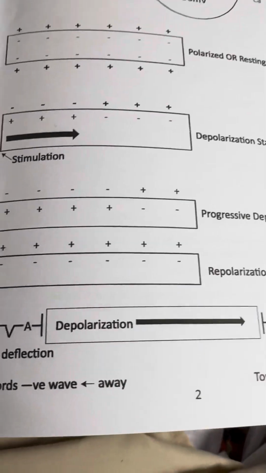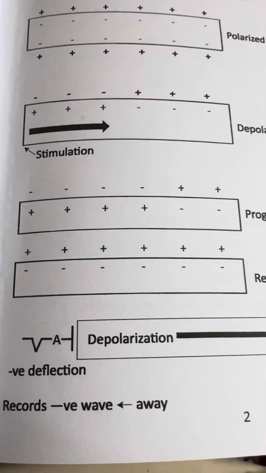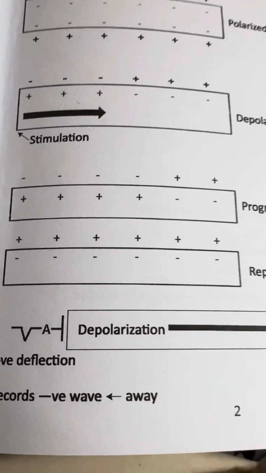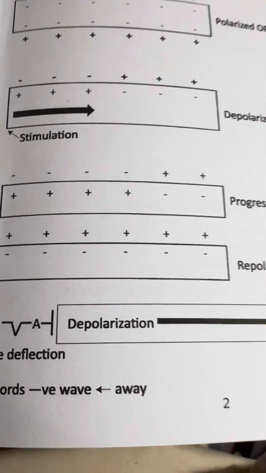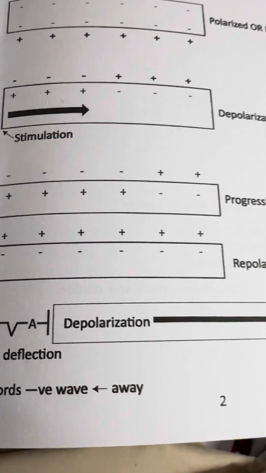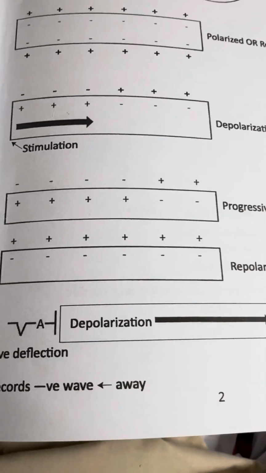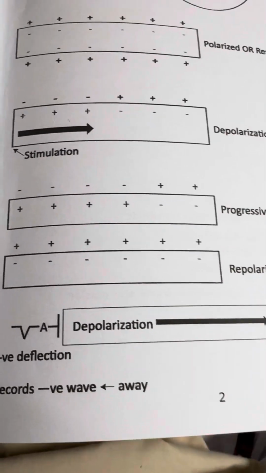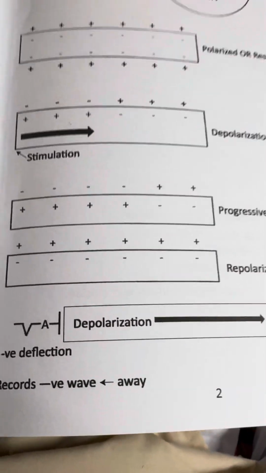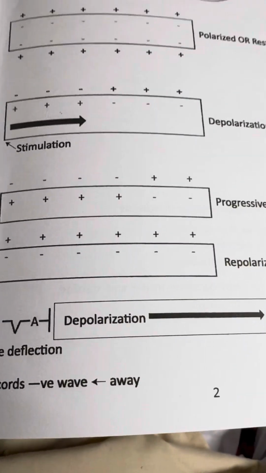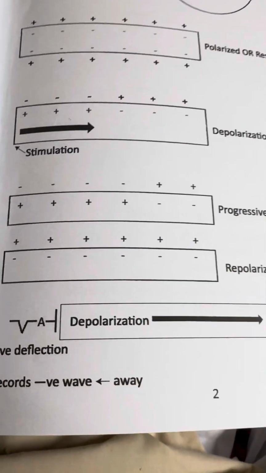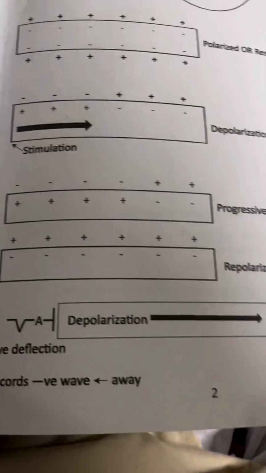So what is this impulse? The impulse is triggered by a stimulation, but it progresses from one point to another in a wave of depolarization. Then the distance it has traveled, where the stimulated impulse has come to the middle, the distance behind will reshuffle.